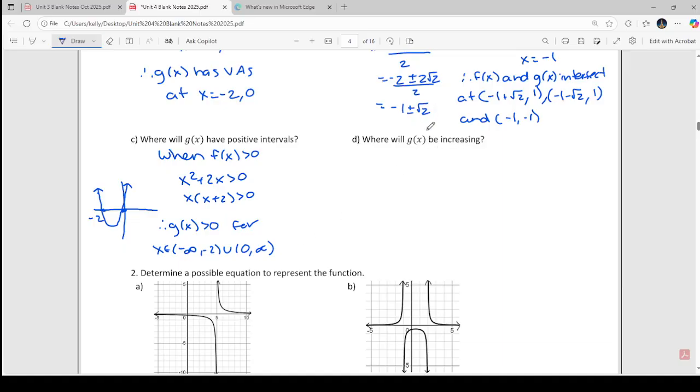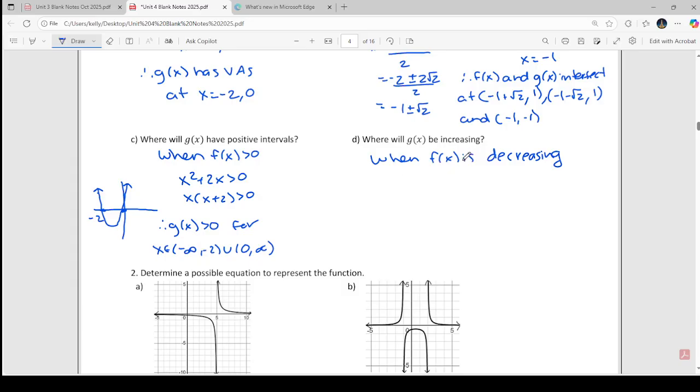Where will g of x be increasing? That will be when f of x is decreasing. Increasing and decreasing is a calculus concept, so next semester, if you take calculus, you'll be able to figure this out algebraically.